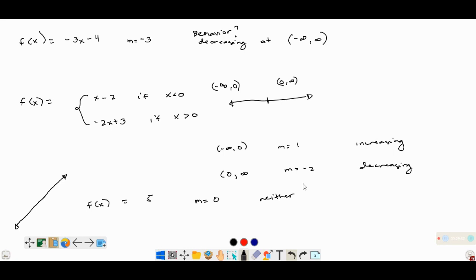So, wala. Wala siyang pagtaas, wala siyang pagbaba. Alright. I hope I was able to make it clear for finding the behavior of linear functions within given intervals. Cut ko muna yung video at this point. Tapos, balik tayo for higher degree functions, okay?